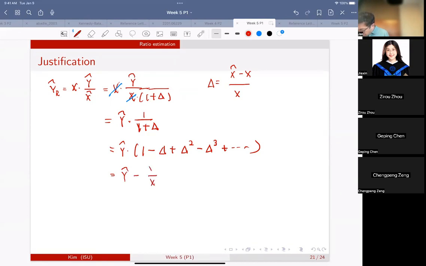x over y hat, x hat minus x, plus another way. Sorry, maybe it's probably better to write the first term too, something like y plus, because I want to make sure that we have a first order term and a second order term.